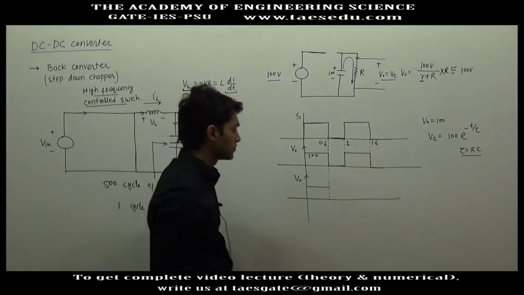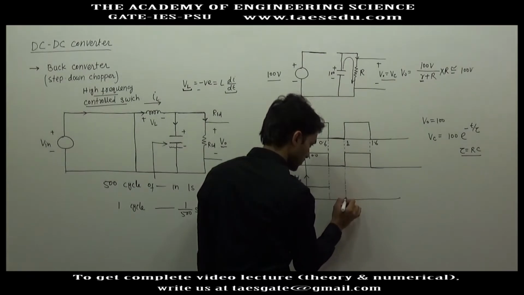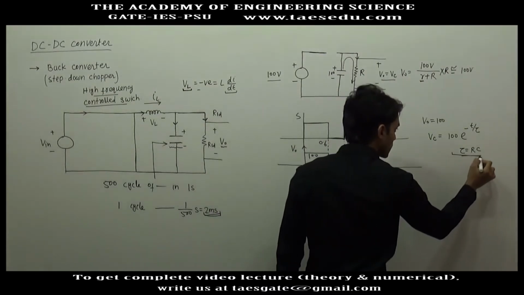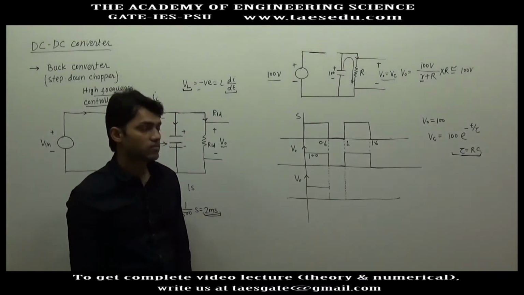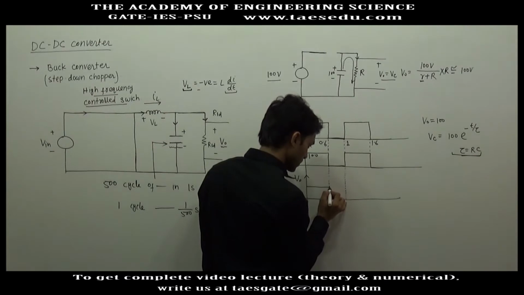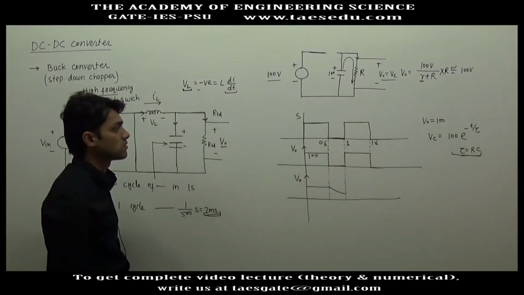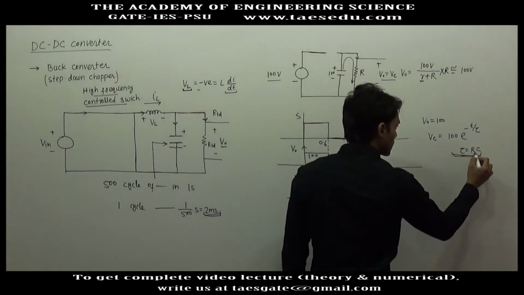So here the graph of capacitor voltage, or the output voltage, if you draw the graph of this circuit, we have already studied in the network first order circuit that the graph will be like this. If you increase the time constant, what will be the graph?